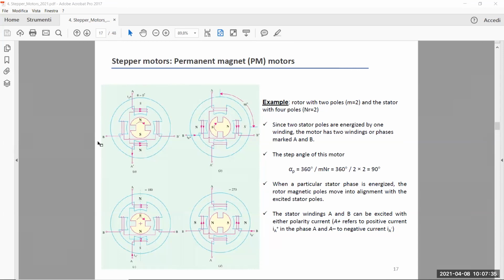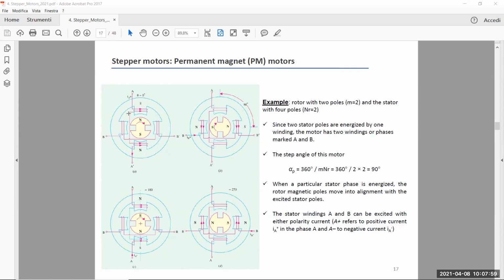For example, look at the first situation, in which you have a current entering the node A, and no current excites the B phase. The current flows in these coils. The two vertical poles are in series in terms of the coils.